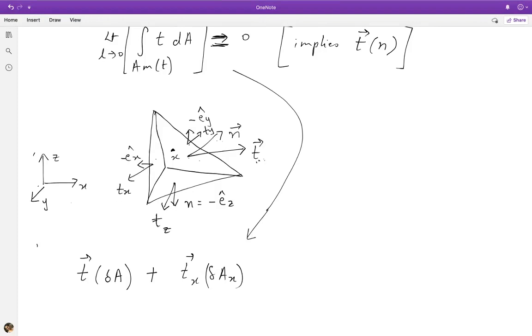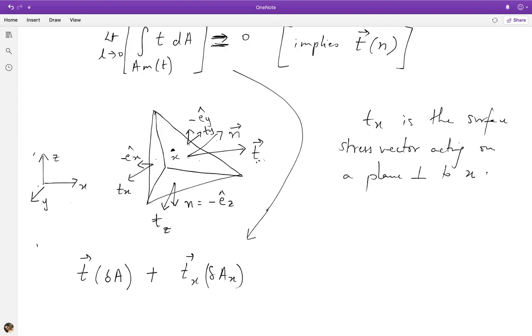Tx is the surface stress vector acting on a plane perpendicular to the x direction, or perpendicular to Ex, and similarly for y and z.